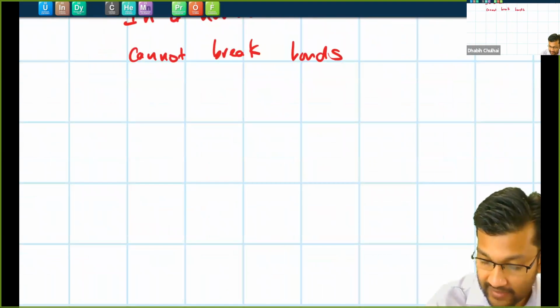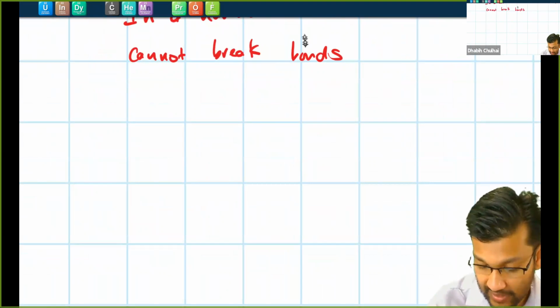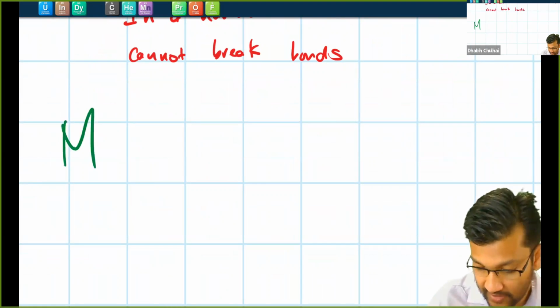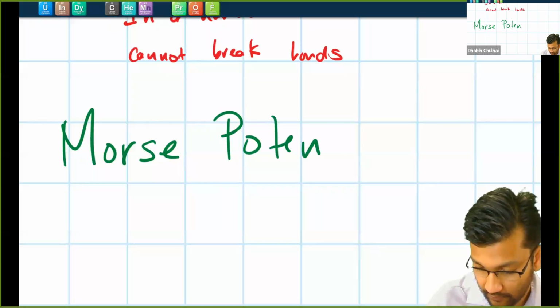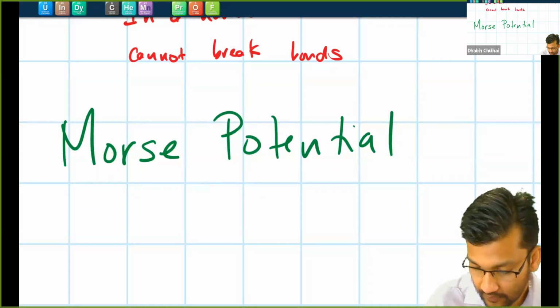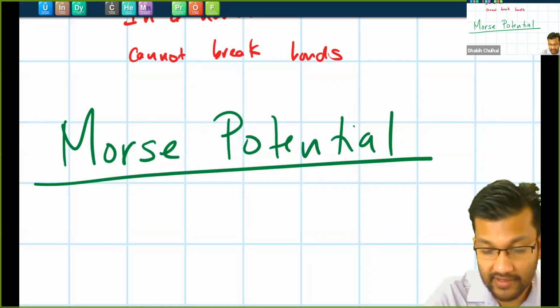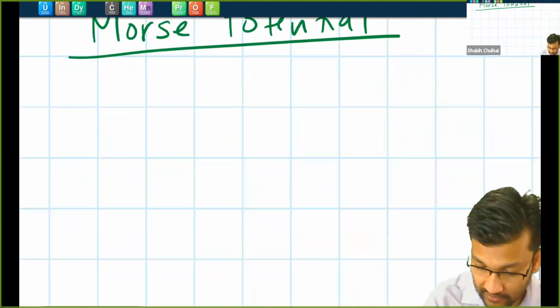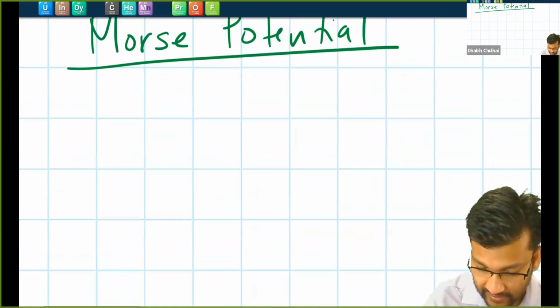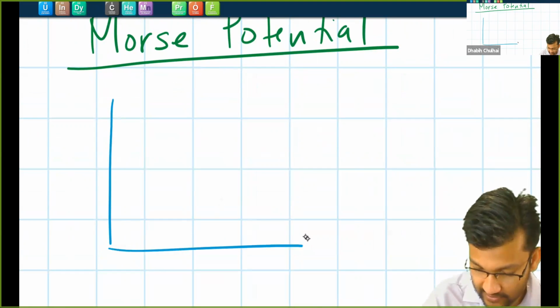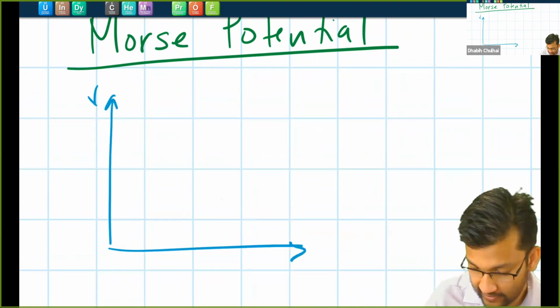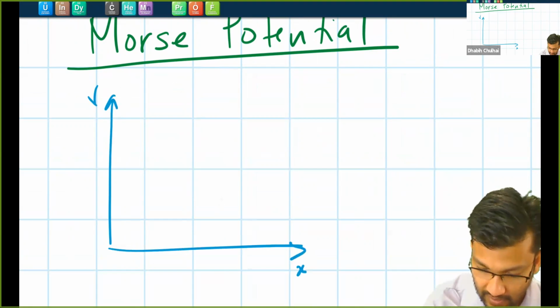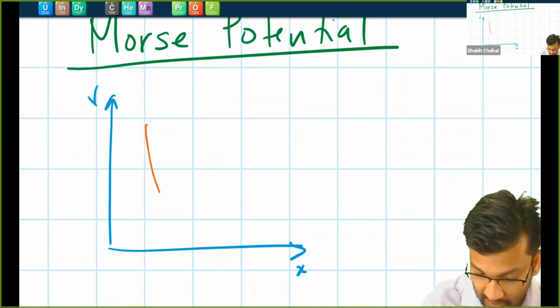Sort of the actual potential that we want to look at is not the harmonic potential, but something called the Morse potential. This is actually the more realistic potential. So let's look at the two side by side. Let's say this is your potential and this is X. This is your harmonic oscillator potential.